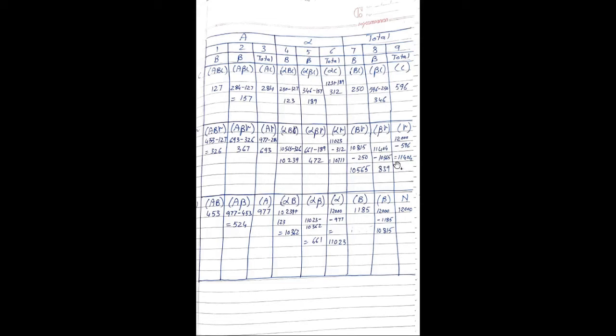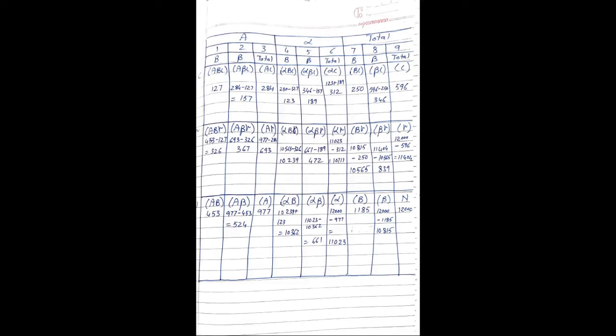So to get this value, we can subtract from 11,404. If you subtract 10,565, you are going to get 839. So 839 plus 346 will give you 10,815.